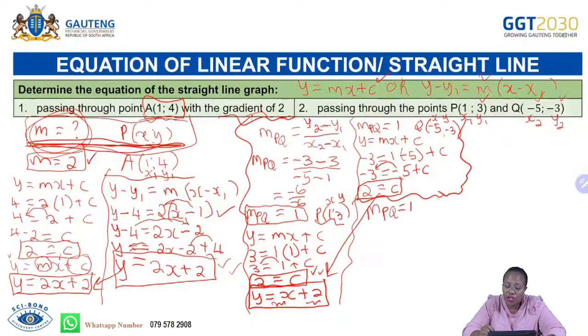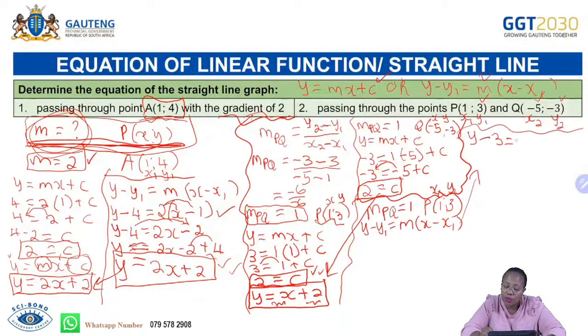In the equation y minus y1 is equal to m into x minus x1, correct? And then let's do our substitution then. This will serve as our x1 and y1. So this will be y minus, what is y1? y1 is 3, equal to gradient 1 into x minus x1, which is 1 in this case.